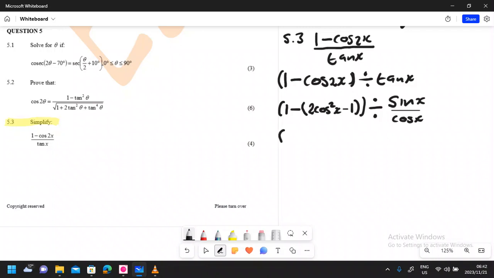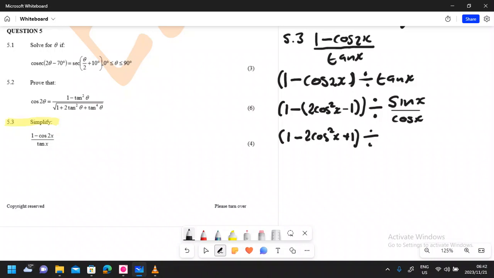If we multiply by negative, remember we have 1 here, we're going to have negative 2 cos squared x minus 1, or plus 1. Remember, we are multiplying by negative, so it's going to be positive. That's going to be negative 2 cos squared x, and then negative multiplied by negative plus 1. So it's going to be like that.